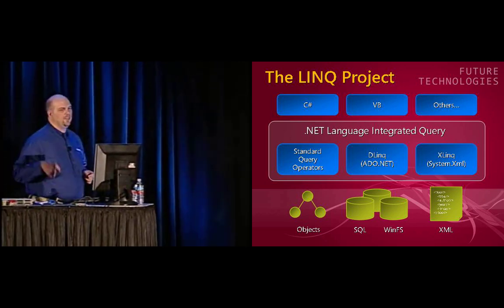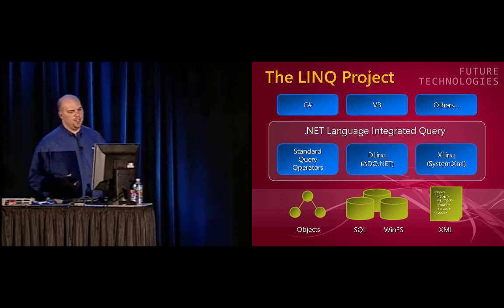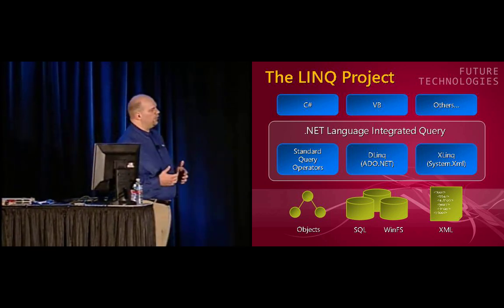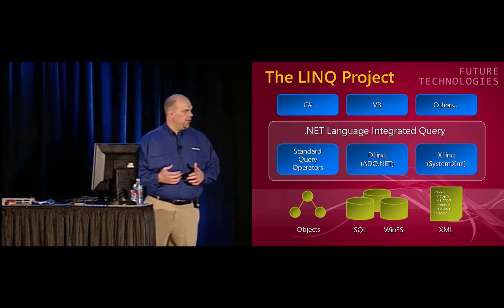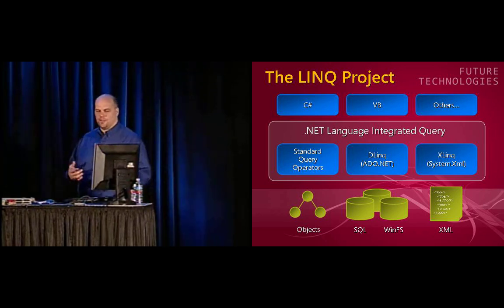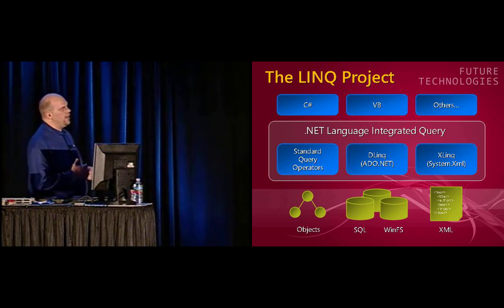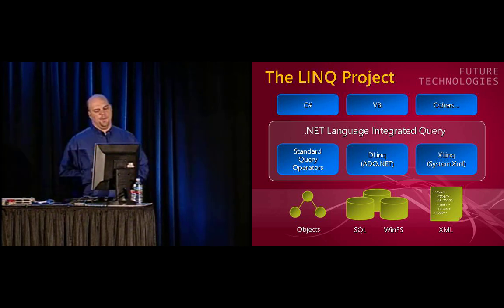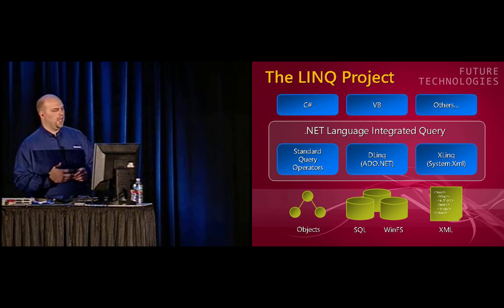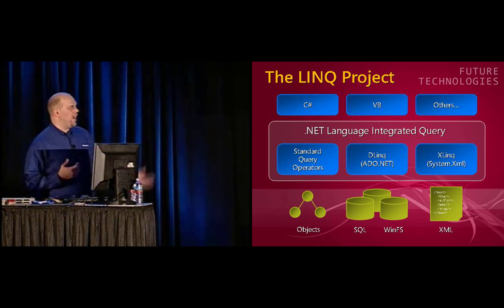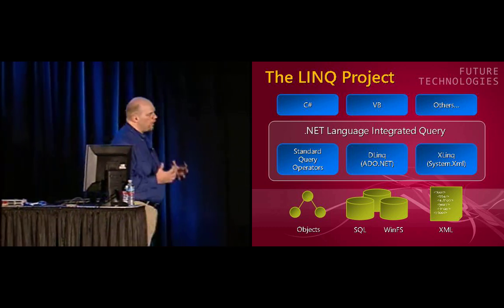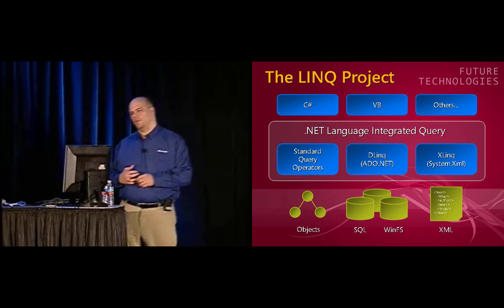DLinq, which is the code name for the next generation of ADO.NET, which goes, as you'll see in the various presentations between us, to SQL and to WinFS, as we just saw. And of course, XLinq, which is the code name for the next generation System.Xml APIs that take advantage of the .NET language integrated query to provide another great experience over XML data moving forward.